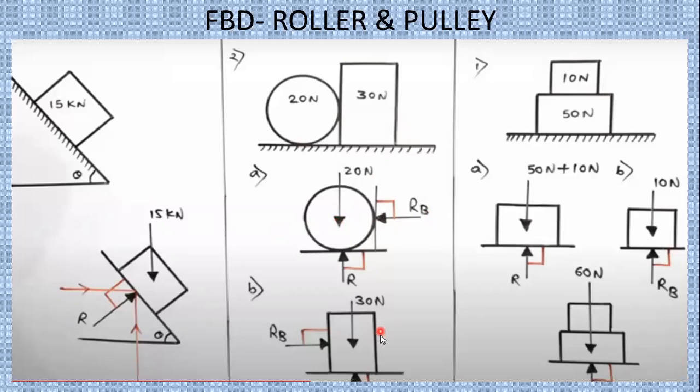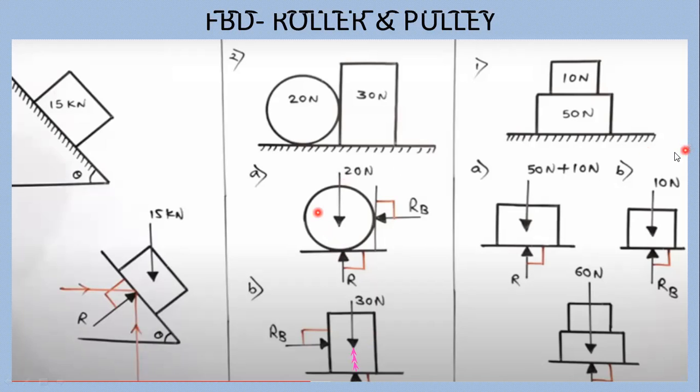Now consider the 30 Newton rectangular object. 30 Newton acting downward, reaction acting upward. And RB, you can show acting in the right direction. RB is the force exerted by the circular object, which is acting in the right direction.